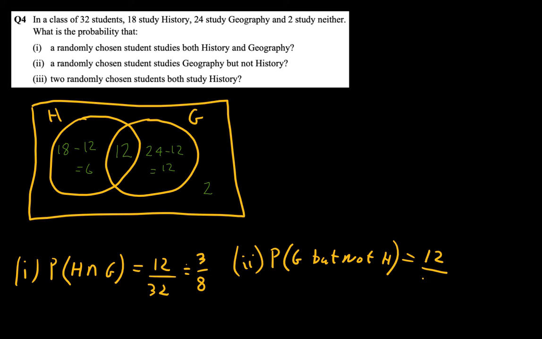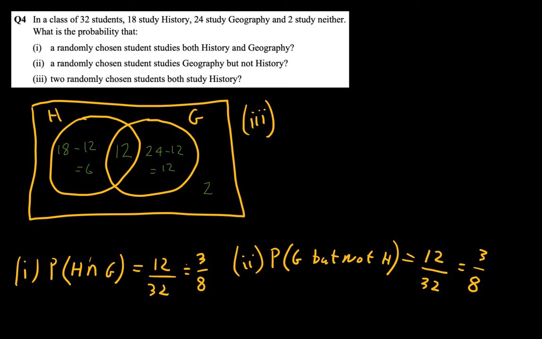Okay, and then finally the last one, 2 randomly chosen students both study history. So that is probability of history. Okay, so history is 18 out of a total of 32.